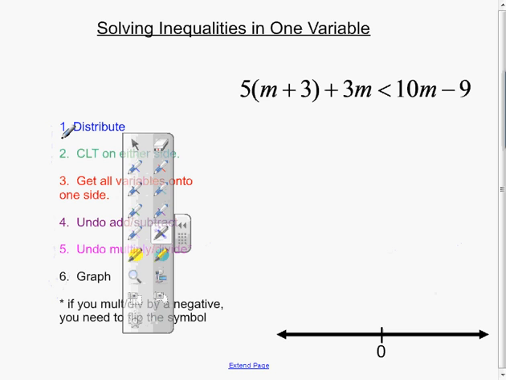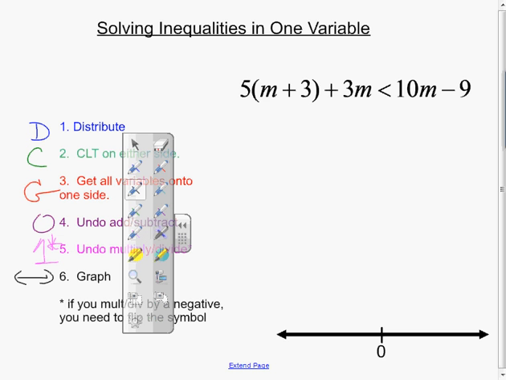Now, we've seen in class that another way that we've tried to write this little organizer is just with some abbreviations. Those abbreviations are D, C, G, 0 and 1 with a star, and then you're going to make a graph.